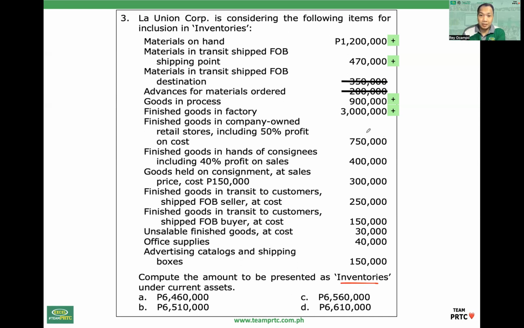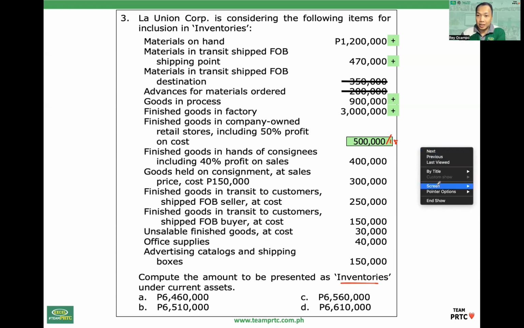So we divide this by 1.5. So 750,000 divided by 1.5. At cost, that's 500,000. So include.